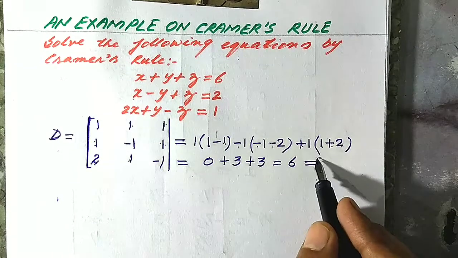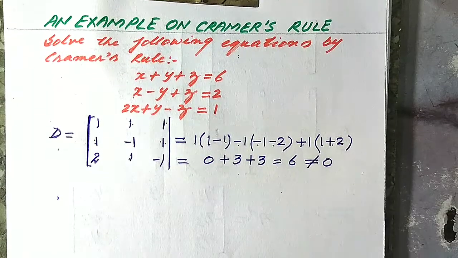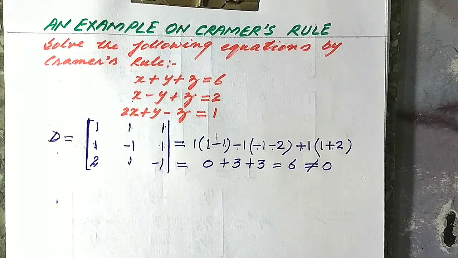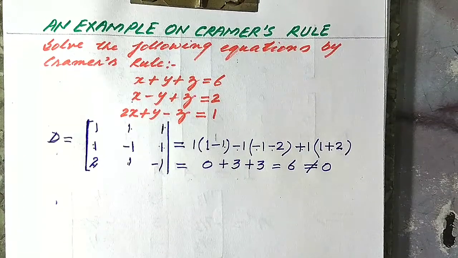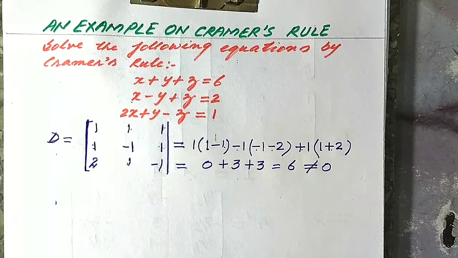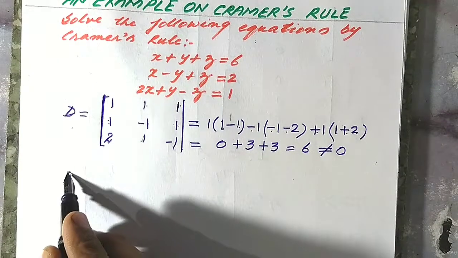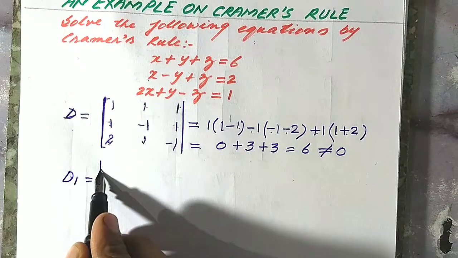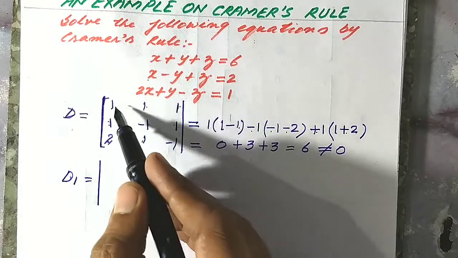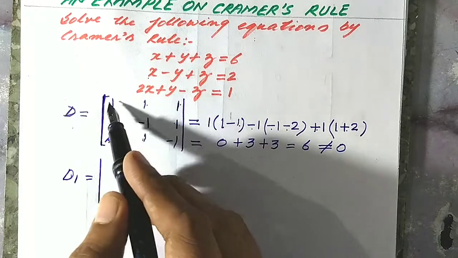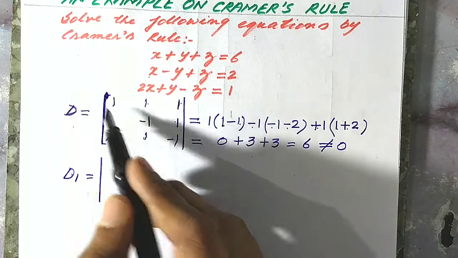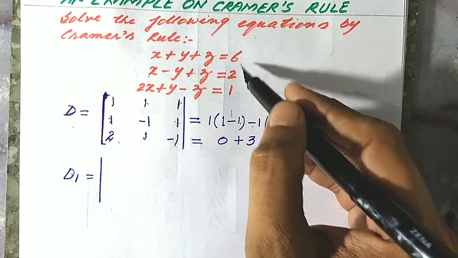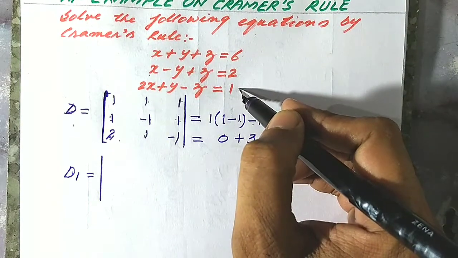So the determinant is not equal to 0, and in this way we come to the conclusion that the given equations are consistent with unique solution. Now we have to make the next determinant, which is denoted by D1, and it is created by replacing the first column of D determinant by these constant terms of the equations.